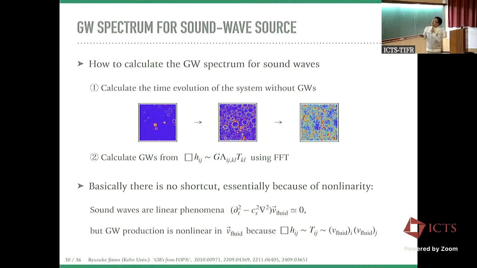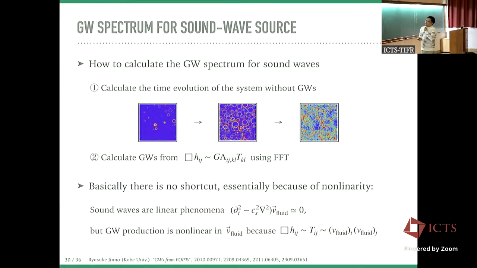We first calculate the time evolution of the system, and then we translate this time evolution of the energy momentum tensor into the produced gravitational waves through this wave equation, using fast Fourier transform or Green function, as we learned in the previous lecture. Basically, there's no shortcut. There's no way around this process because of nonlinearity. Nonlinearity is the keyword.